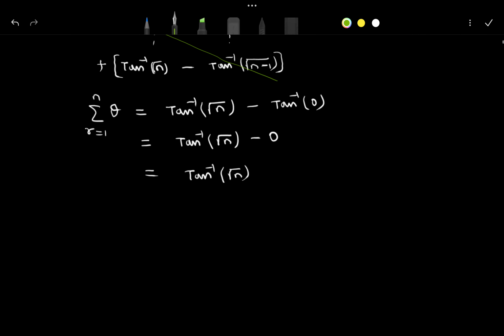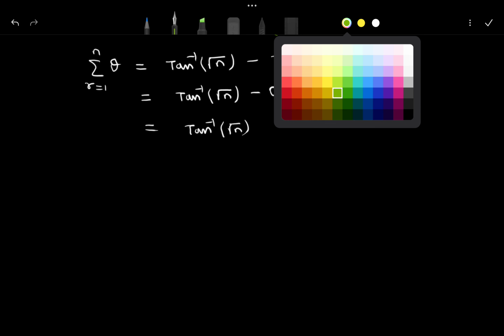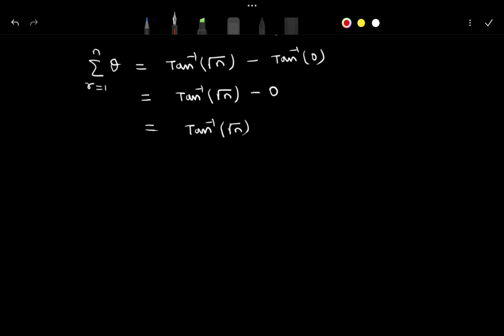They will ask: find the sum from r equals 1 to infinity of sine inverse of square root of r minus square root of r minus 1, whole divided by square root of r into r plus 1.